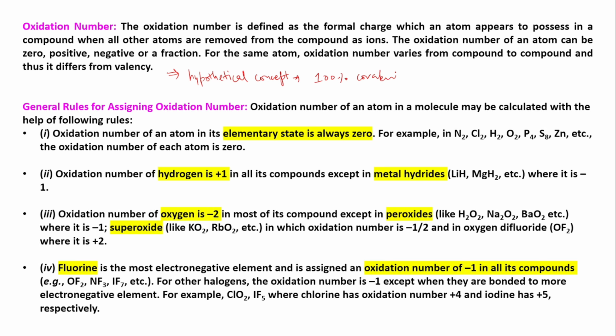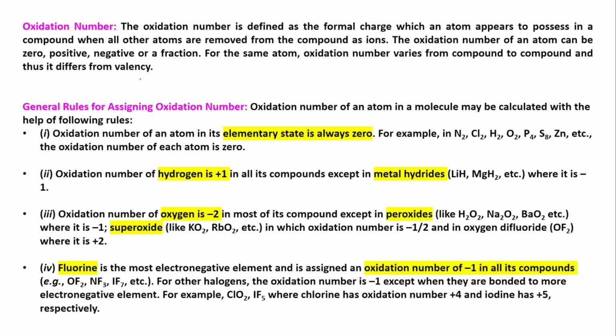When we assume that the nature of the bond is 100% covalent, then we calculate the oxidation number, although that is not possible in every compound. That is why it is hypothetical. Also, Mn +7 means manganese is in +7, which means loss of 7 electrons, which is energetically forbidden. So that's why it is more of a hypothetical concept.